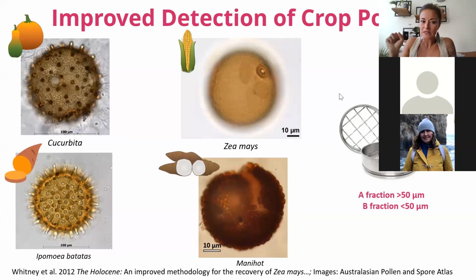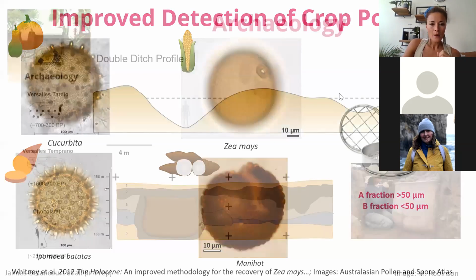And so basically what it'll do is help concentrate these really low producing, rare types of pollen that improve detection, which sometimes may be the only indicator you might have on a landscape that people were there in the past. So if you want to talk more about that, I'm happy to chat about it in the discussion, but just wanted to draw your attention to that.